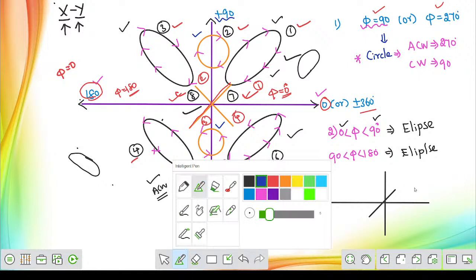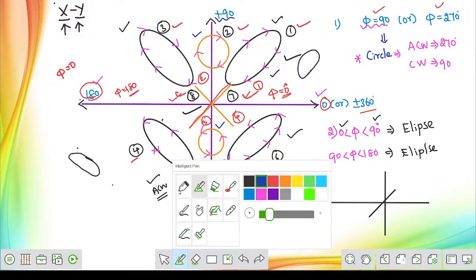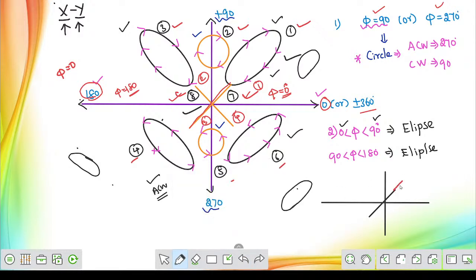There is no phase angle difference. Because of that, a straight line will appear between the X and Y axis. See there, this is the pattern that you can observe. If there is no phase angle difference between the two signals passed through the X and Y axis, that is the first conclusion.